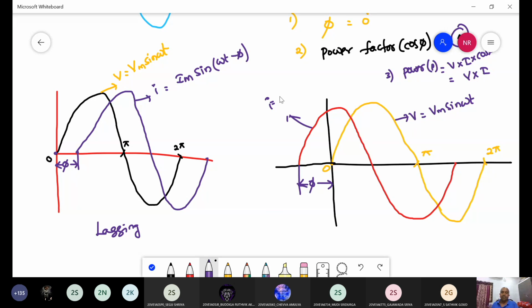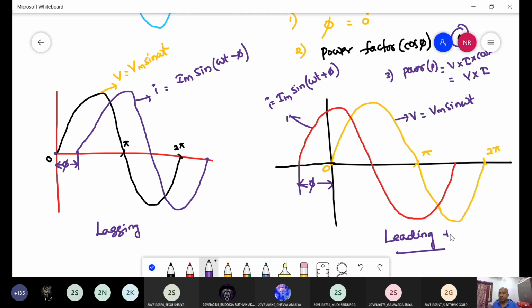So how to write down the current equation? I is equal to Im sine omega t plus phi. So here the current is leading, right? Current is started before the voltage. So that's why it is a leading circuit.